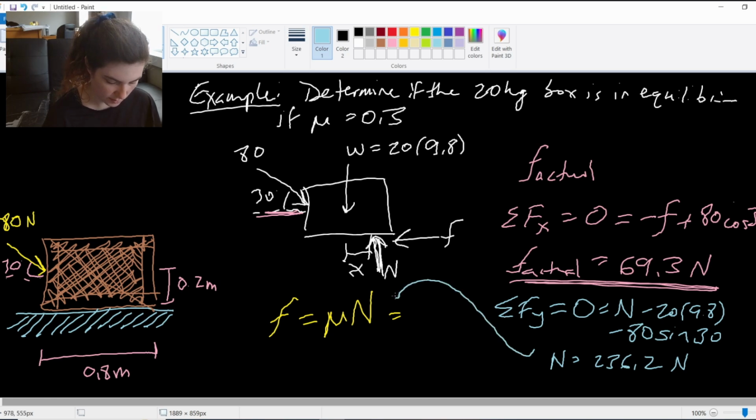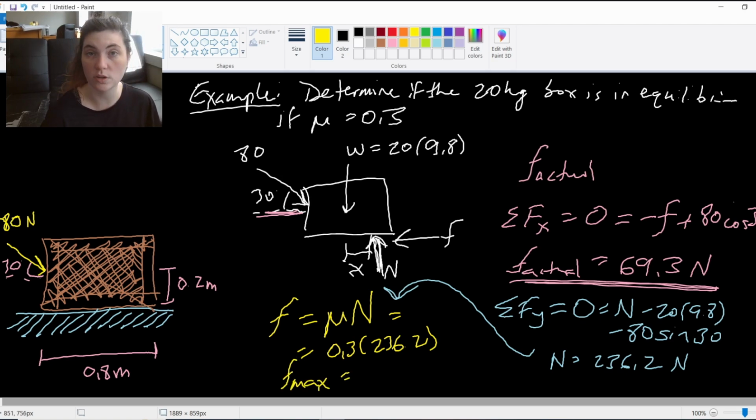So I can take this, plug that into my formula, plug in my 0.3 for mu, and I will get 0.3 times 236.2, meaning that my F max before slipping, that's the maximum before it starts to slip, is going to be 70.9 newtons.